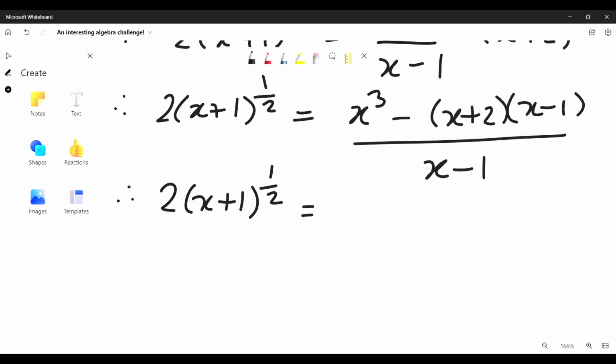2 is equal to x cubed minus x squared minus x plus 2x. So I'll put it back here: x squared minus x plus 2x. So that will give me plus x.